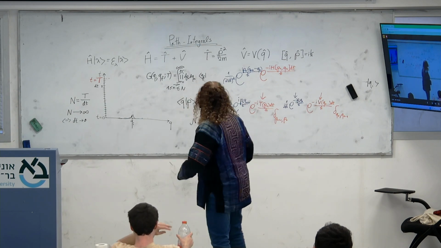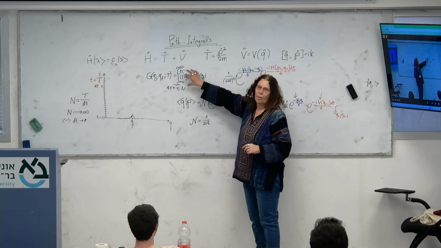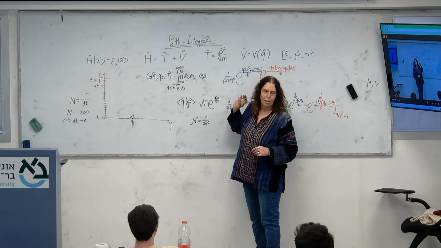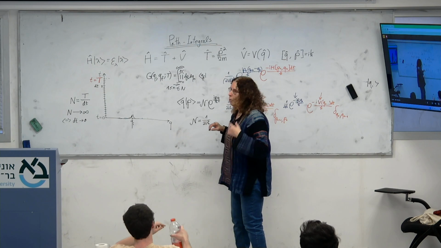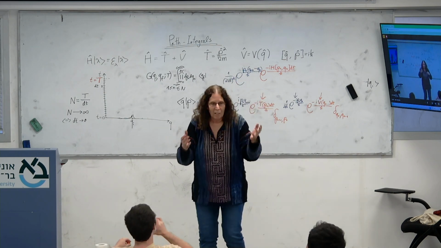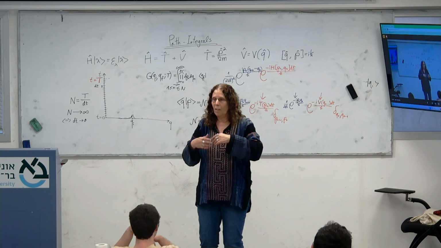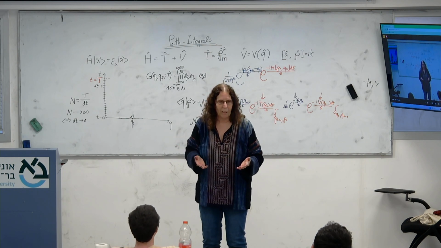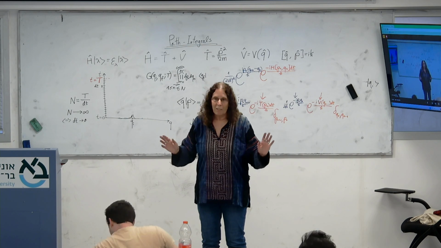It's the continuum limit of a product of integrals. So we are integrating over infinitely many variables, but the correct way to think of it is a multi-dimensional integral, taking it to the limit where the dimension is infinite.